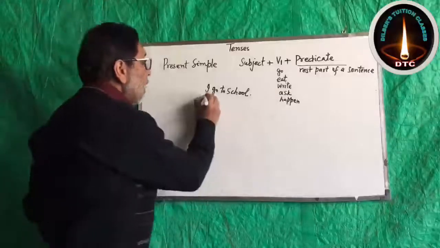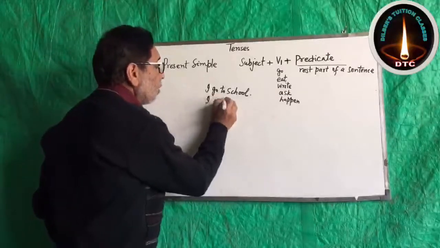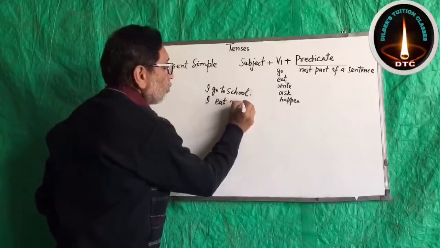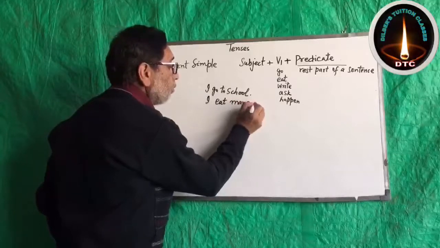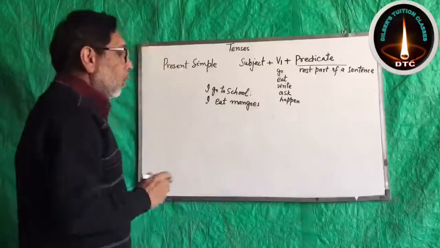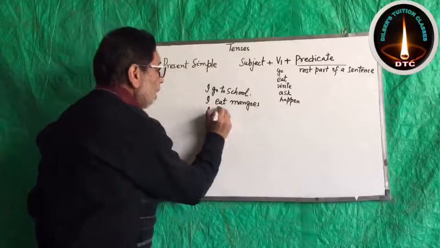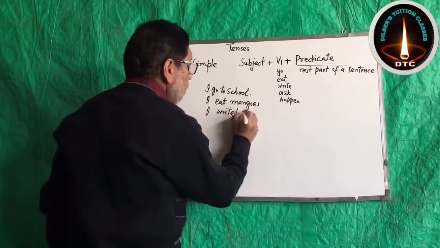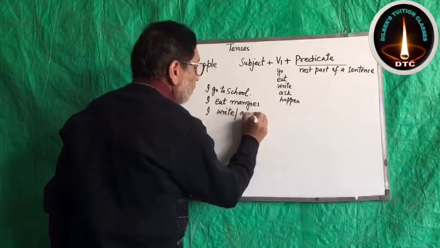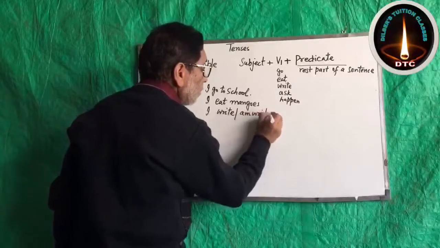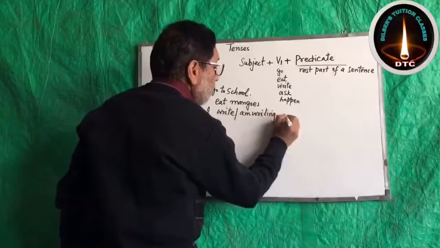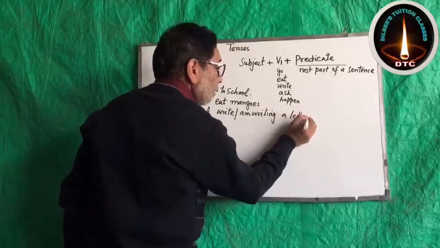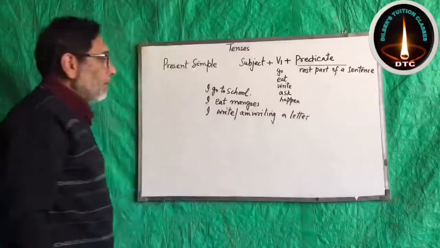I eat mangoes. I write a letter. This is present simple tense.